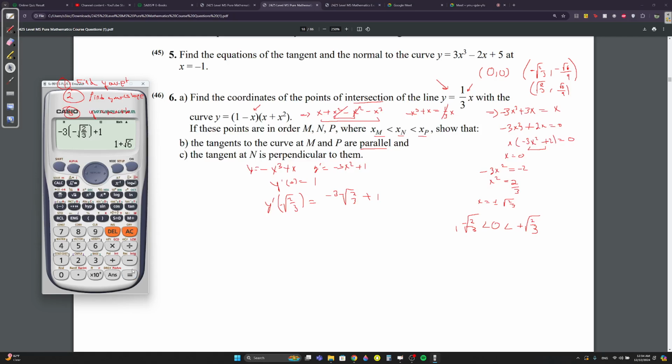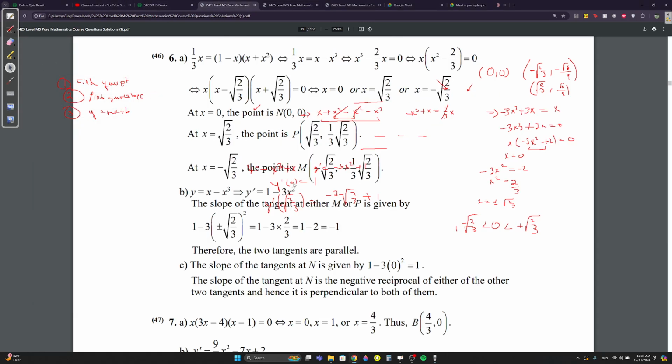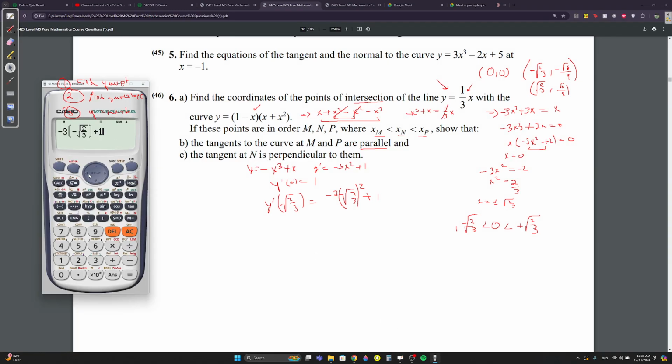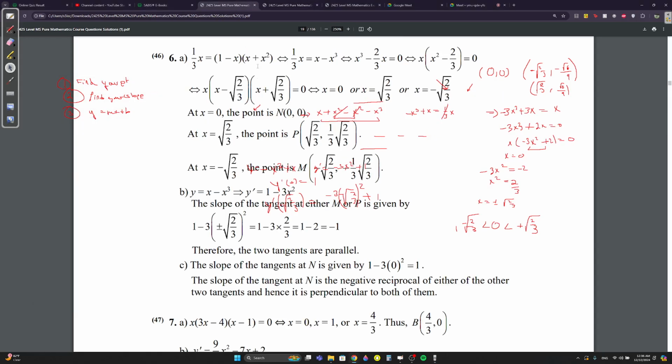Oh my god. How did I get this? It's supposed to be equal, it's minus 3x squared. Minus 3. Oh, yeah. It's squared. My fault. Yeah, I didn't see that. My bad. I'm a bit sleepy. Why is it negative? It's supposed to be. Okay, negative.